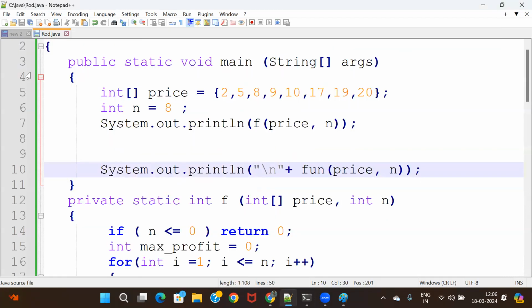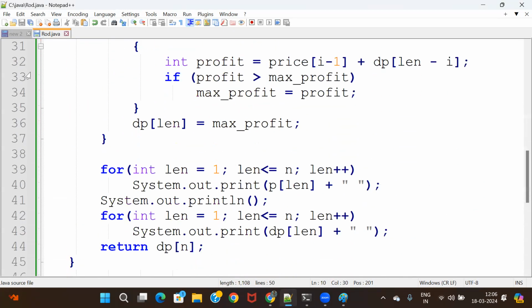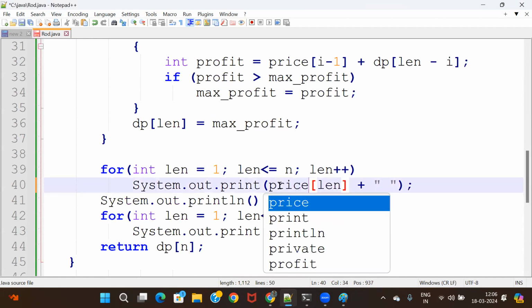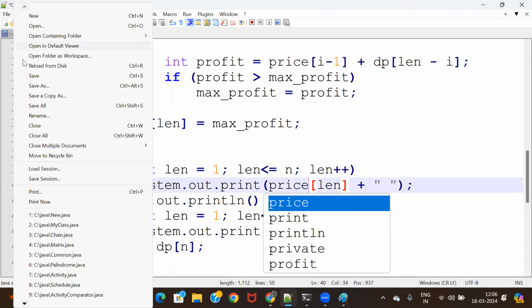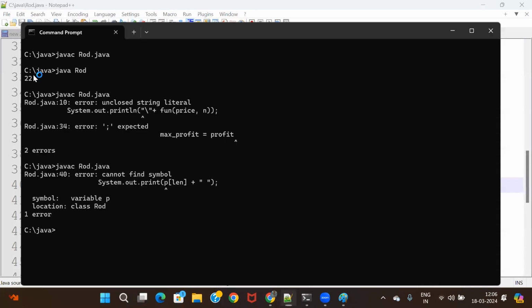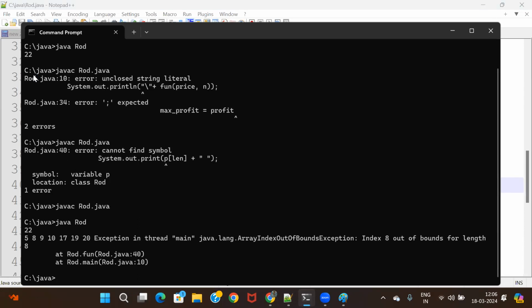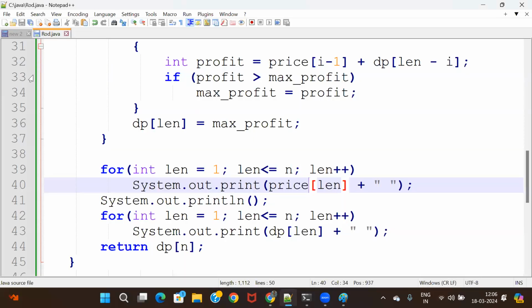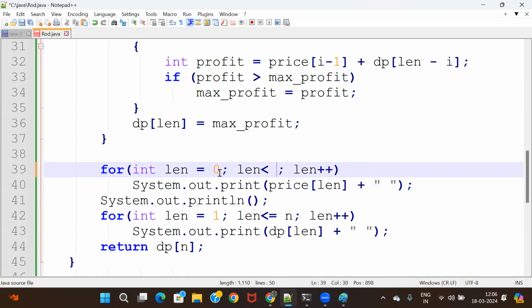It is not P. What are you printing here? You are printing price. Then execute. Array index out of range. Prices from 0 to n, not 0 to n minus 1.